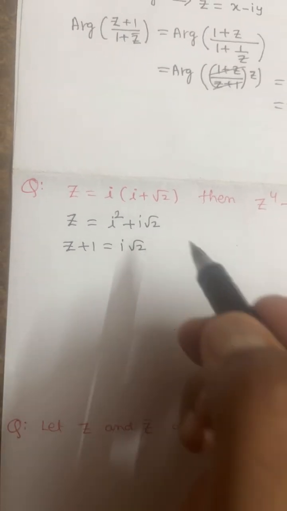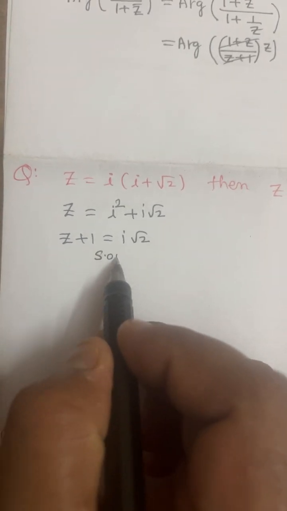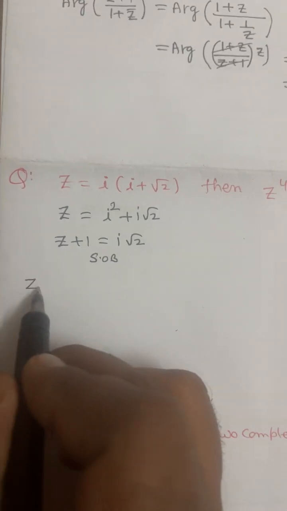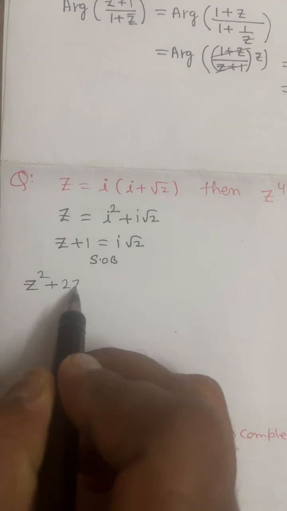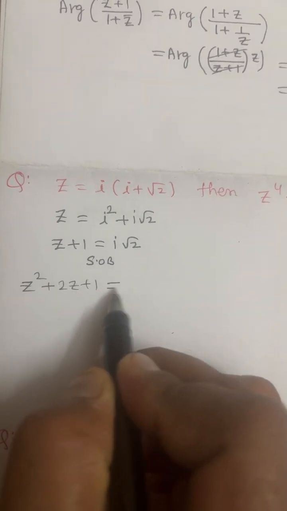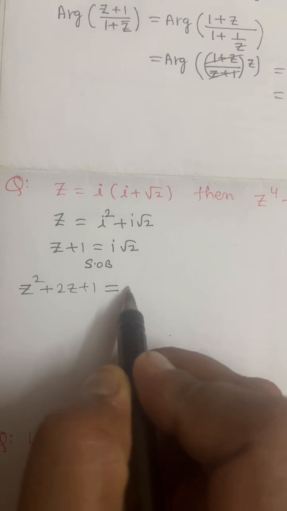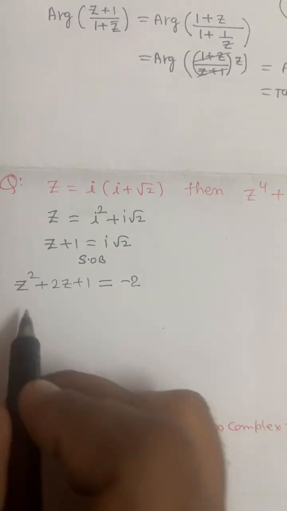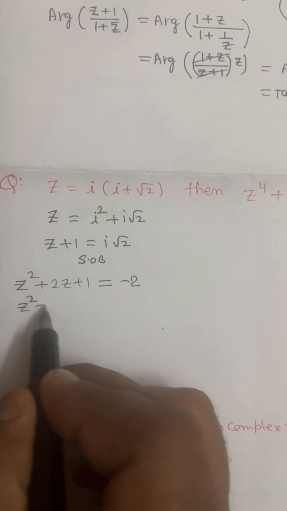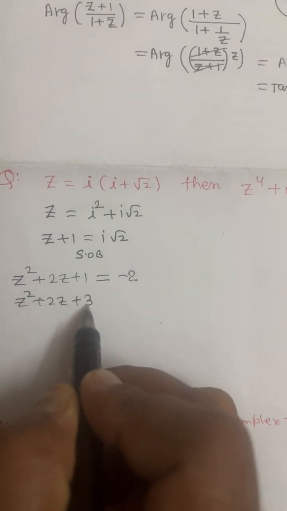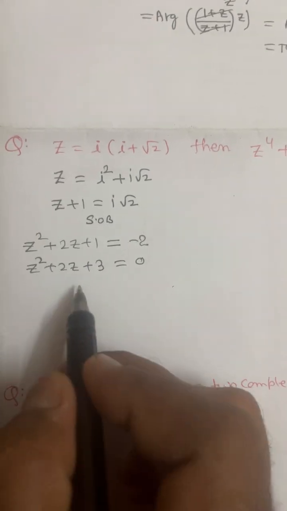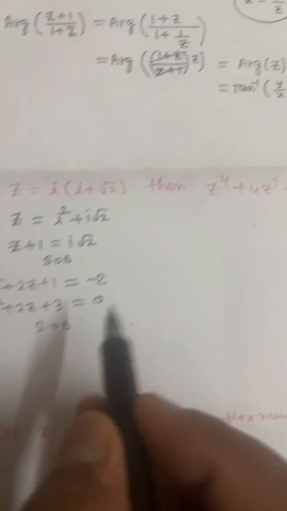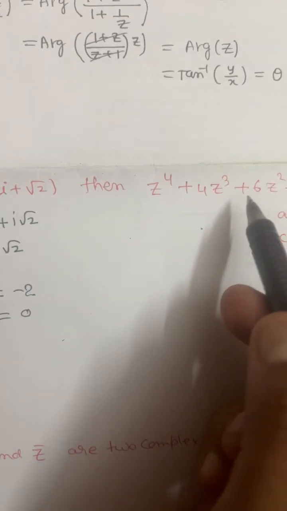So squaring on both sides, you will get Z square plus 2Z plus 1 is equal to i square value minus 1, root 2 whole square is 2, so minus 2. Minus 2 also we can take this side. It comes as Z square plus 2Z plus 3 is equal to 0. Squaring on both sides again. Why? Because they are asking to find Z power 4 plus 4Z cube.